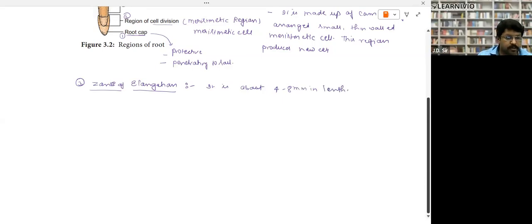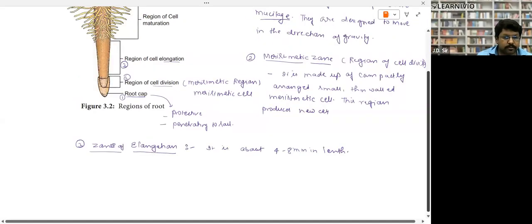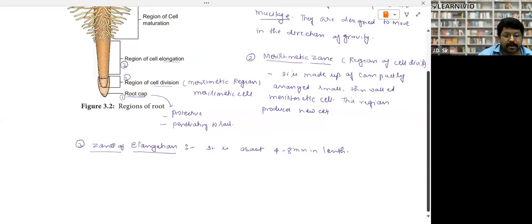Go up, this one, the region of elongation. It is about 4 to 8 millimeter in length.